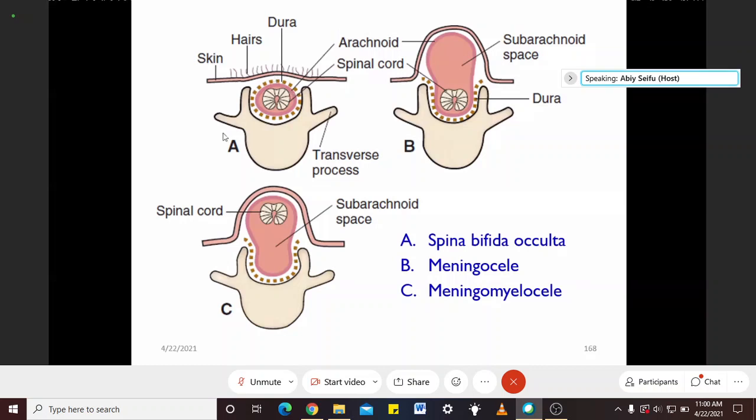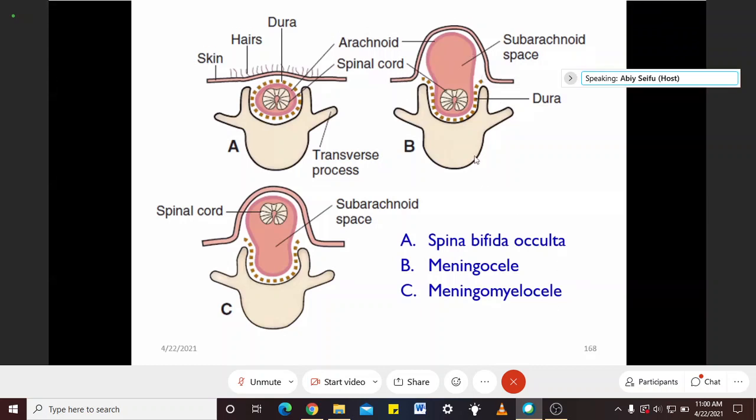And more severely, the neurovascular structure, that means the vessels that supply the spinal cord, as well as the nerves and the spinal cord itself, may protrude externally and push the skin and form a bulge-like appearance.